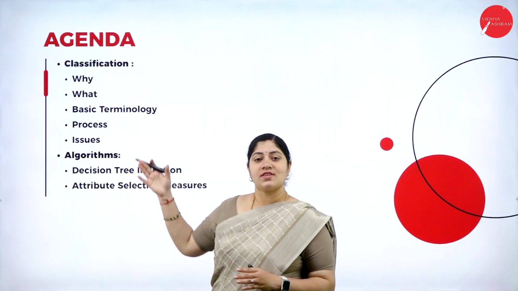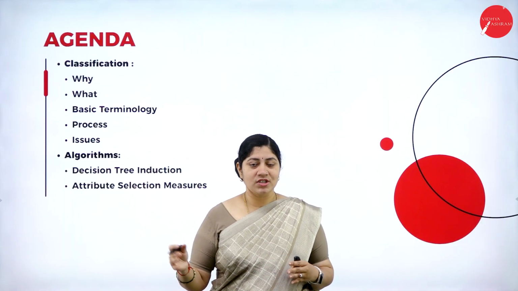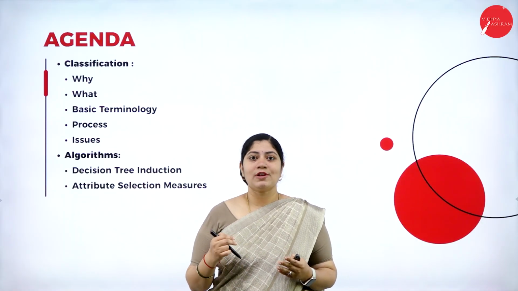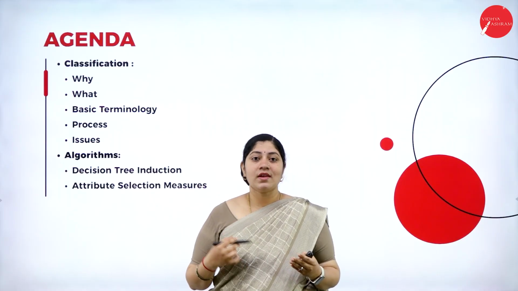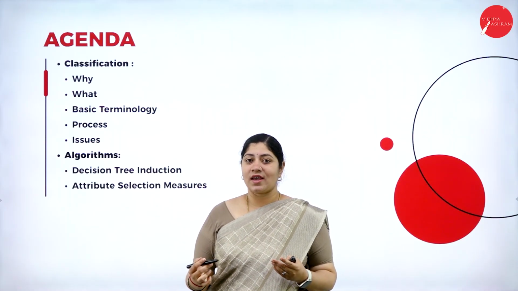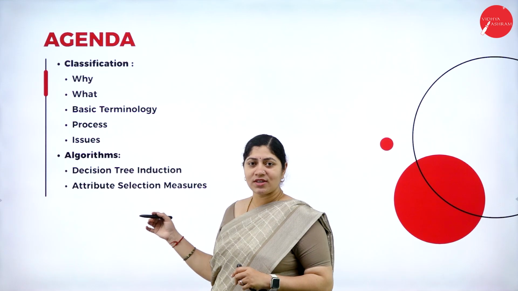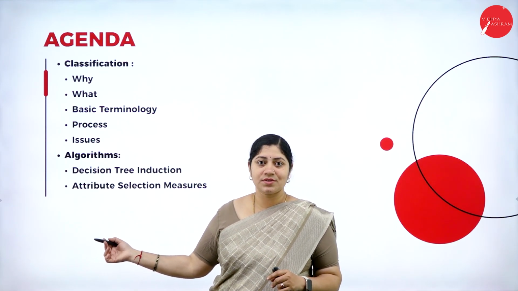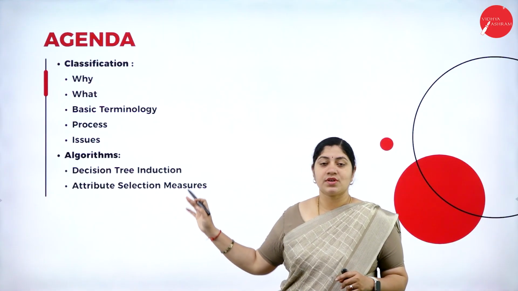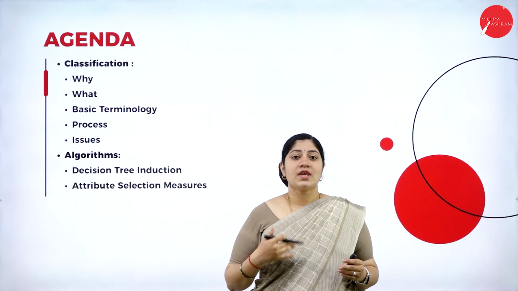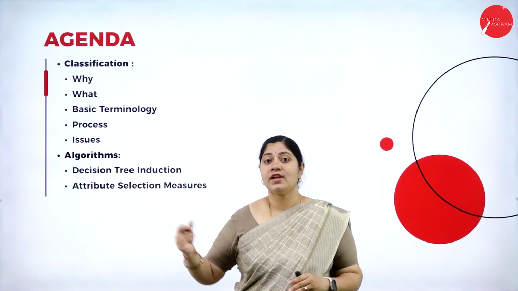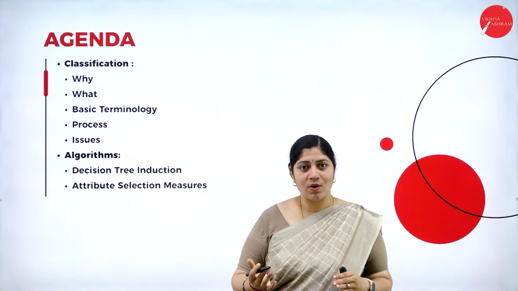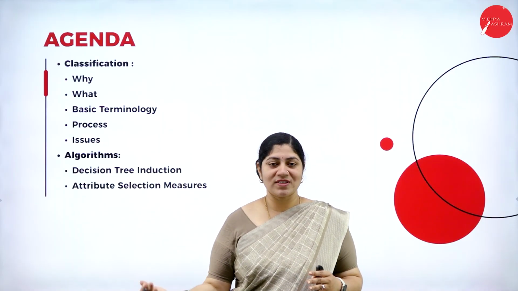Under algorithms, we will be discussing 2 of the main algorithms: decision tree induction, and the second algorithm, attribute selection measures. In the similar way, we have multiple algorithms that we see in our further sessions too.